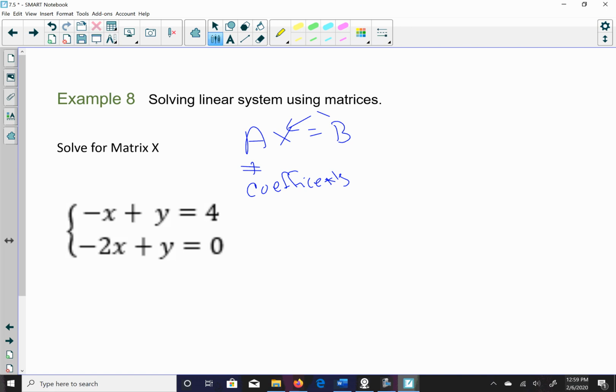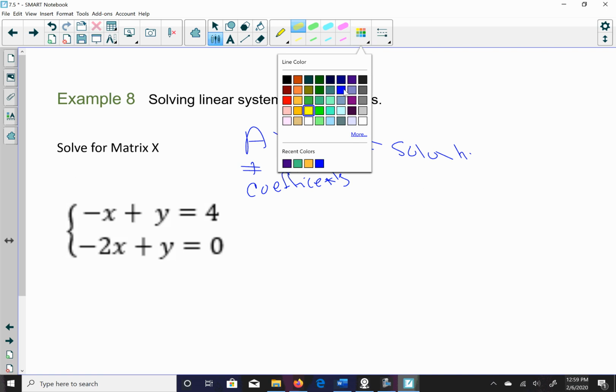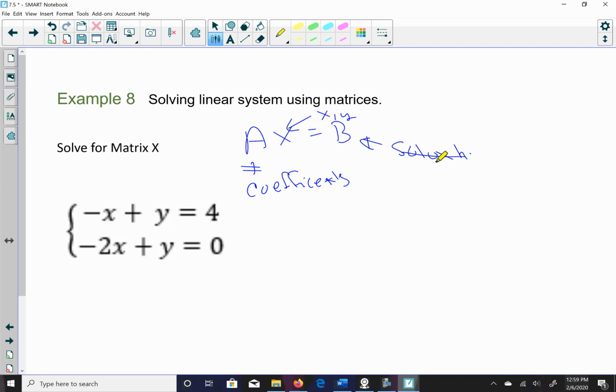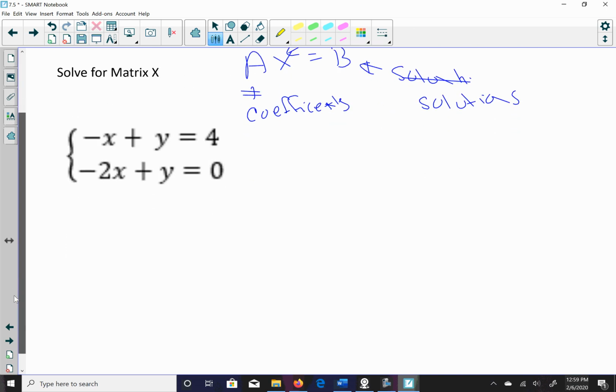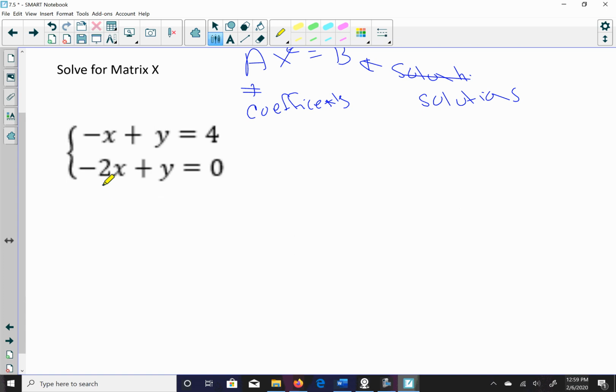This X matrix is going to be my ordered pair x, y, and B is going to be my solutions. So when I first write my matrix, I'm going to write my coefficients. So I'm going to have 2 rows, 2 columns for my coefficients.